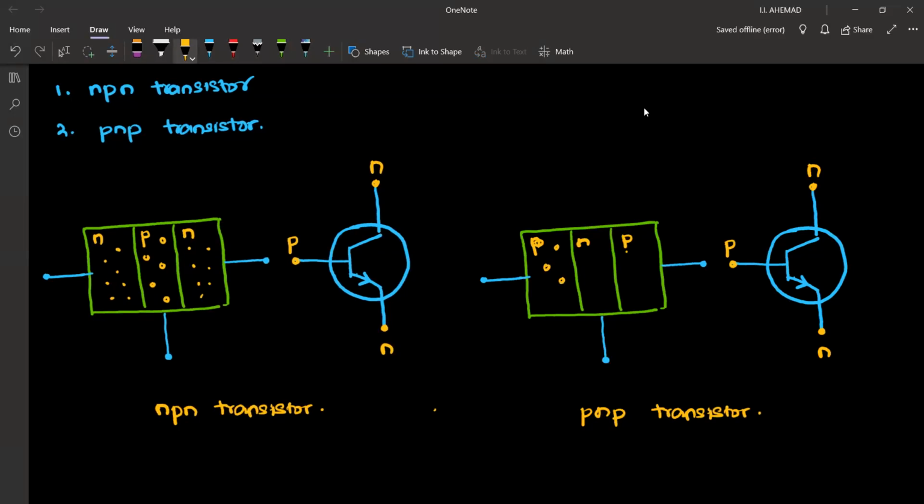Holes, free electrons, and holes. Here the direction of arrow changes. So as I mentioned earlier, you will have to mark using the direction of arrow. So always it is from P to N. So this is P, this is N, and this is P. So this is PNP. This will be the symbol for PNP transistor.